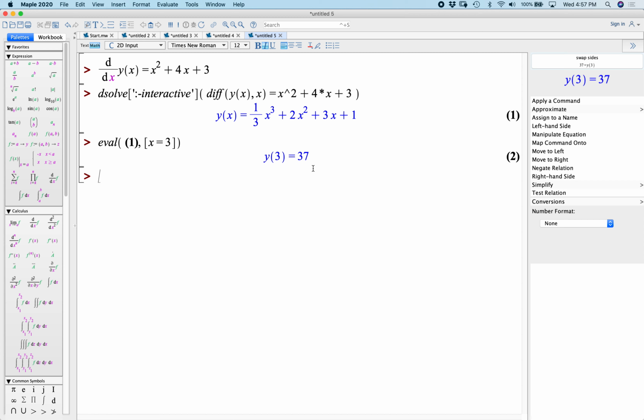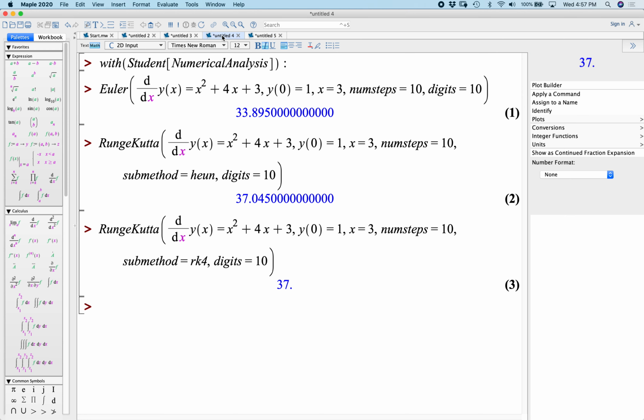Now taking what we have with the numerical methods: the Euler approach, the improved Euler, and the Runge-Kutta.